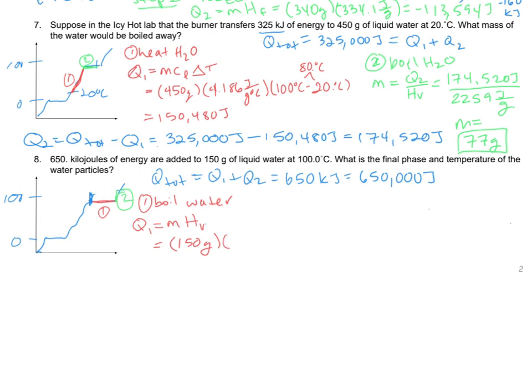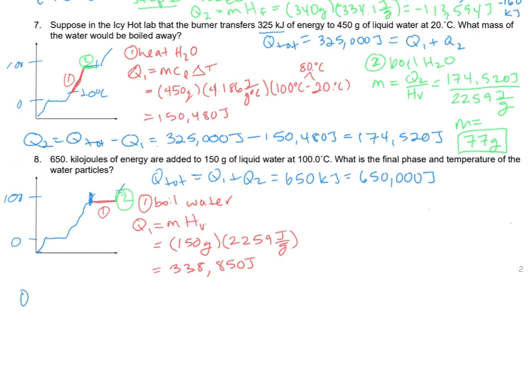And HV is a constant, 2259 joules per gram. So in order to boil all of that water, it will use 338,850 joules of energy. That is less than our total. So that means we will have some energy left over to heat up the water.